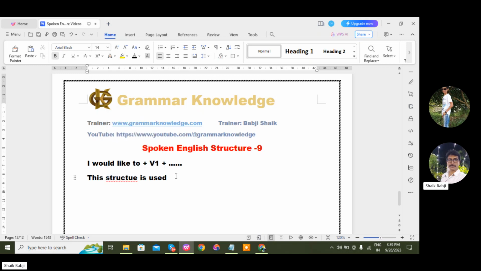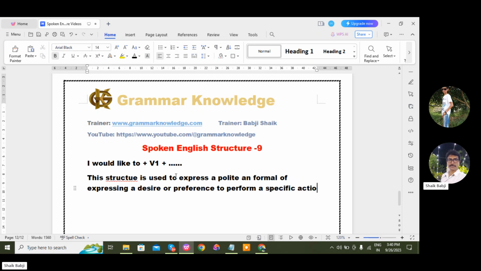This structure is used to express a polite and formal way of expressing a desire or preference to perform a specific action.